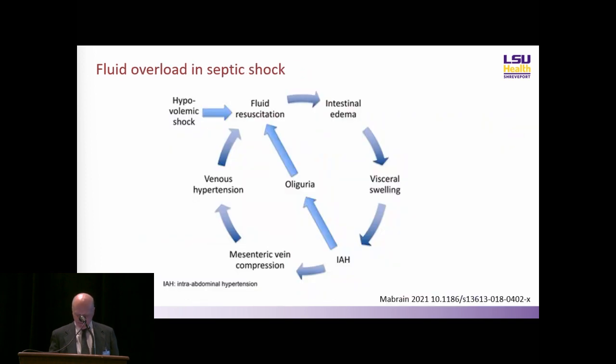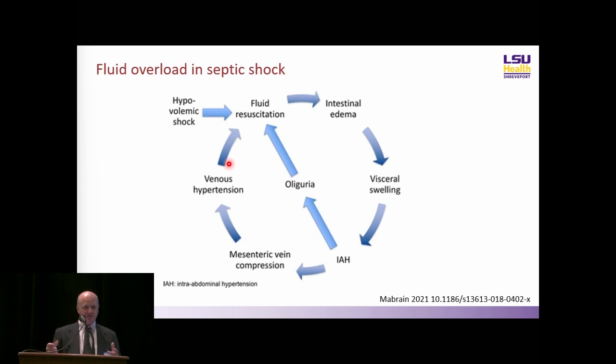All right, so I've got 5 minutes left, so I'm going to go over some slides very quickly and skip some others. But fluid overload and septic shock is a vicious cycle. They get hypovolemic, they get fluid, they get edema, they get abdominal hypertension, they get oliguria, they get a number of things that causes a cycle of fluid administration.